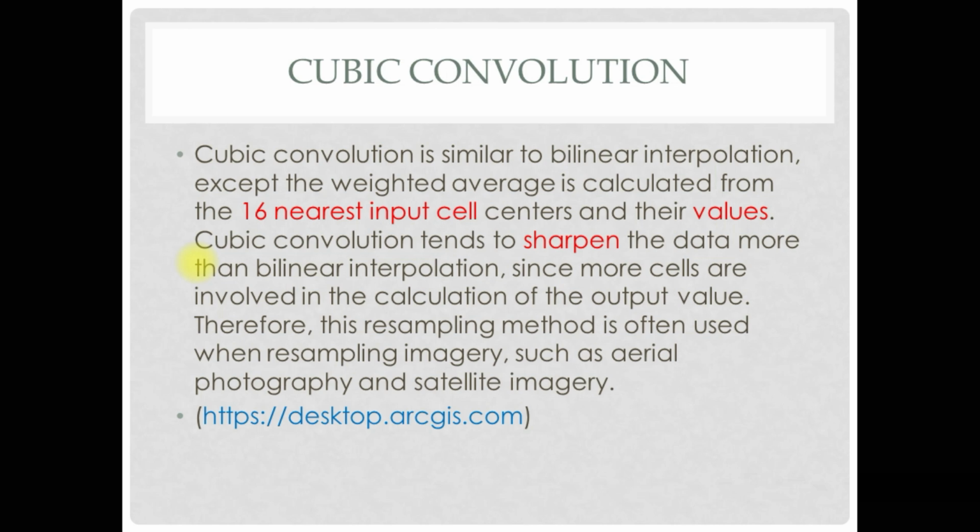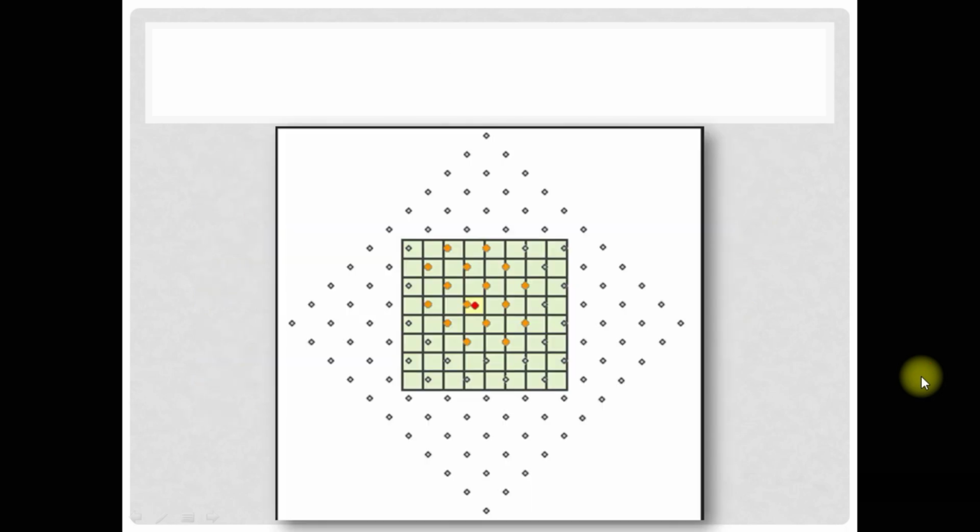So cubic convolution is mostly used with a high spatial resolution input raster. For instance, it's mostly drone images, aerial images, or high resolution satellite images, where the pixel array is small, and we can use the 16 nearest input pixels to resample our aerial image.